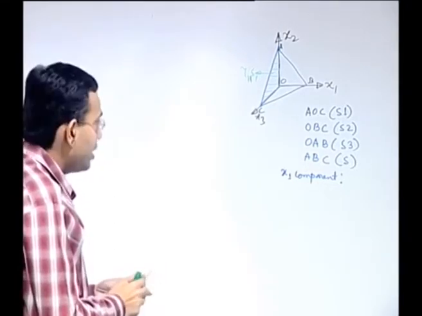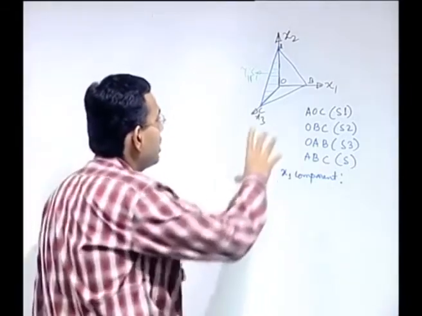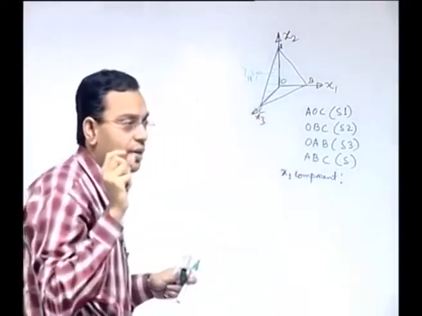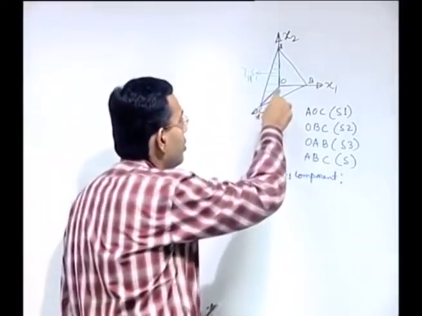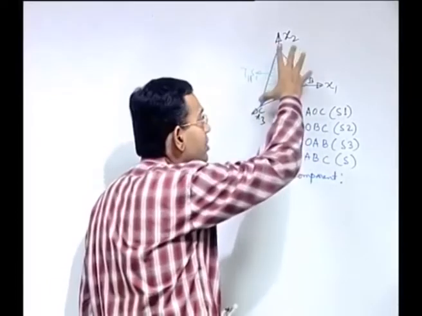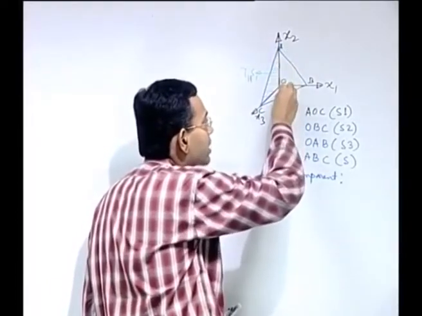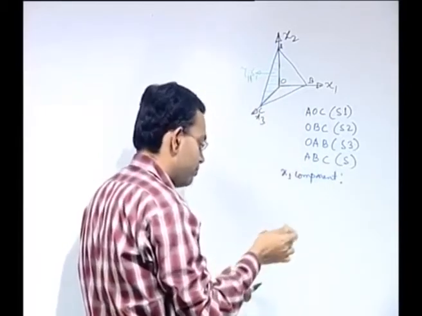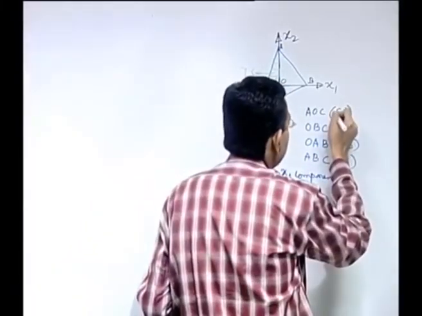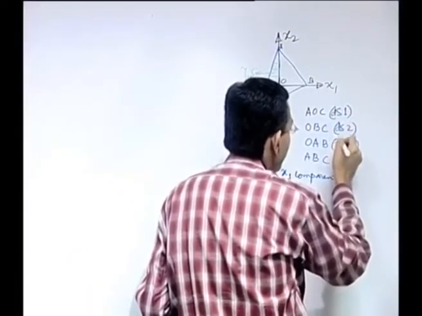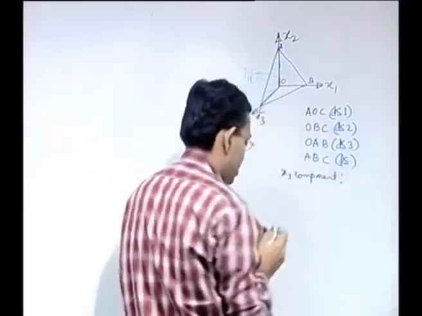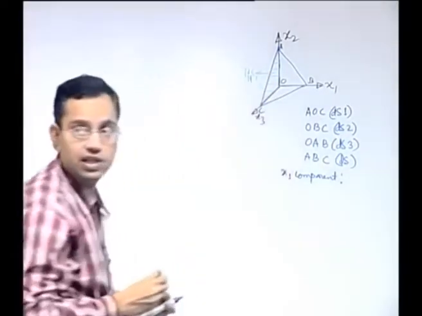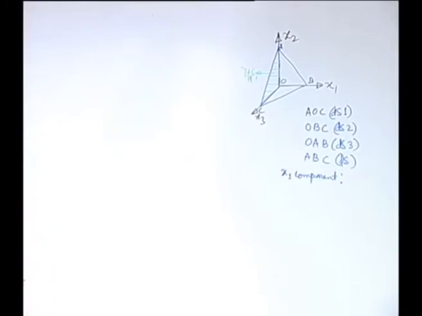We are interested in constructing a volume which is differentially small, because eventually we will write an expression which is valid at the point O. So we will shrink the volume to a differentially small volume around the point O. It is formally more logical if we call these ds1, ds2, ds3 and ds, just for notation, because we eventually consider them to be differentially small surfaces and the volume also differentially small.